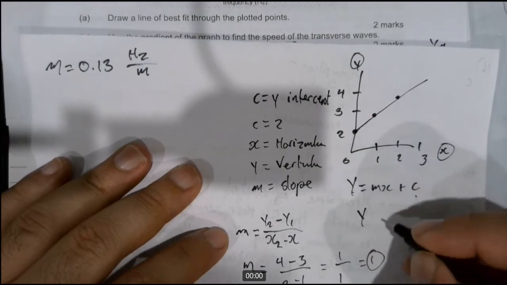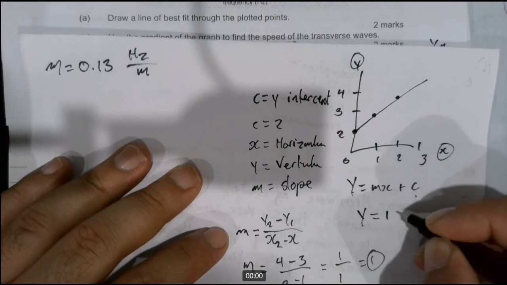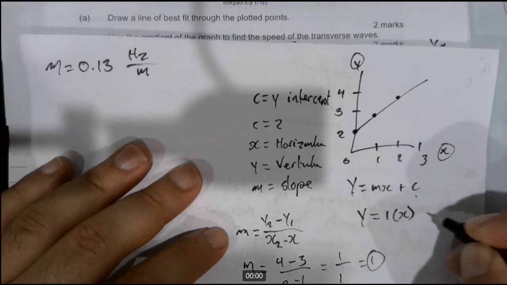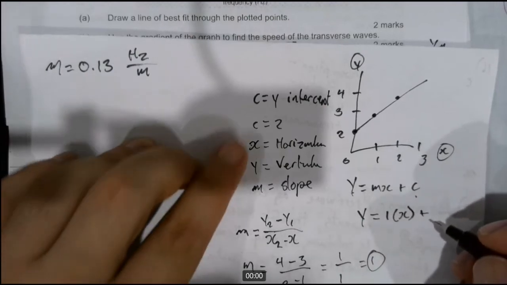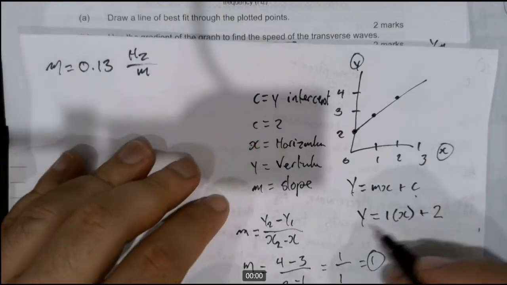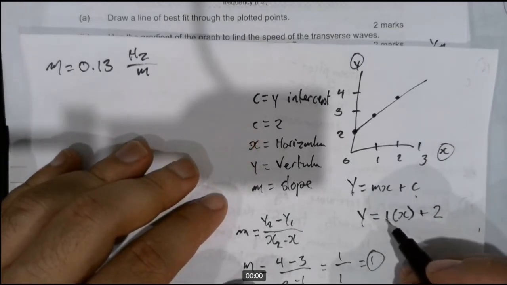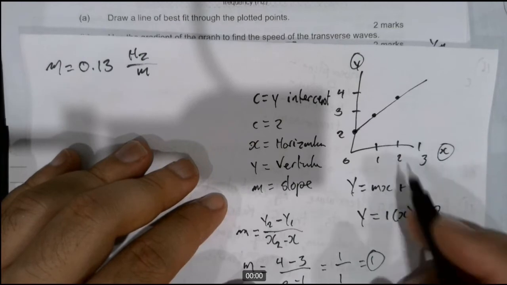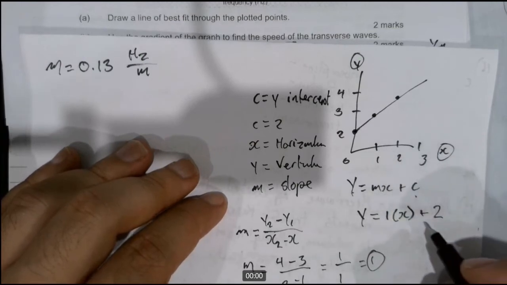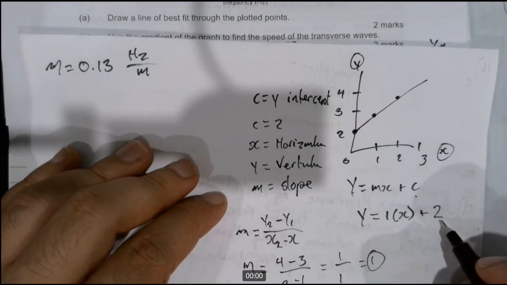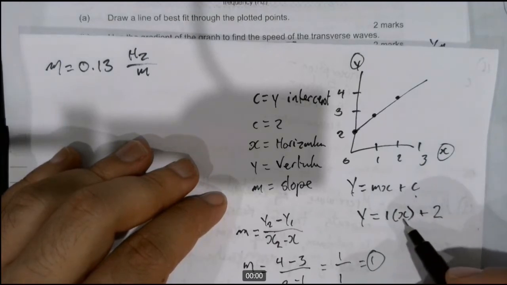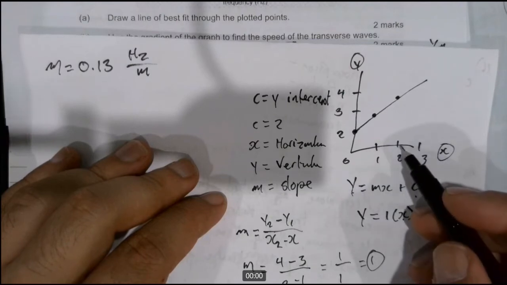So we can find any corresponding x to y value, so long as we put this condition in. The slope being 1, we have to multiply that by whatever x value we choose, and add 2 to that. Say I wanted to find the corresponding y value when x is equal to 2.